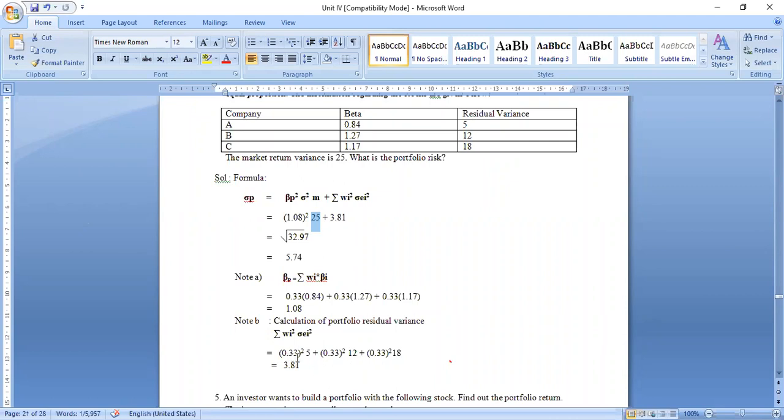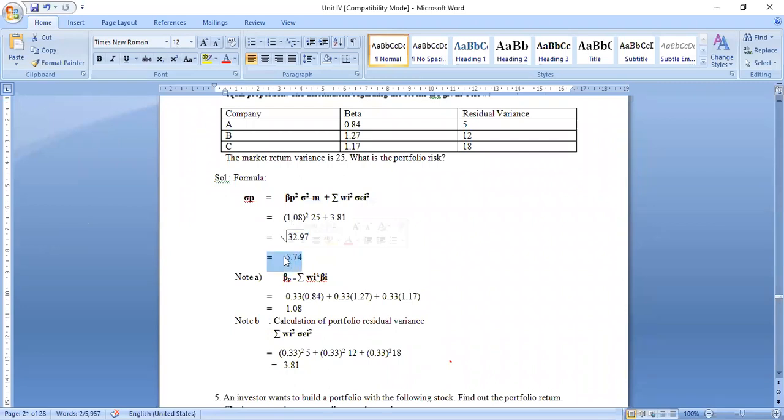So 0.33 square into 5 plus 0.33 square into 12 plus 0.33 square into 18 gives us 3.81. We insert this into the main formula: 1.08 square into 25 plus 3.81 gives us the variance of 32.97. The square root of 32.97 gives us the portfolio risk as 5.74.